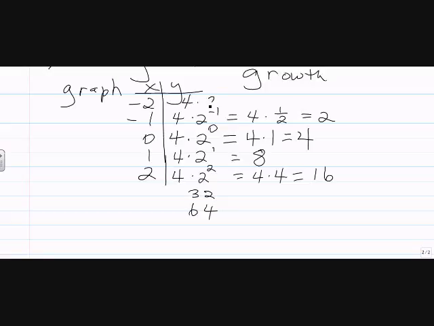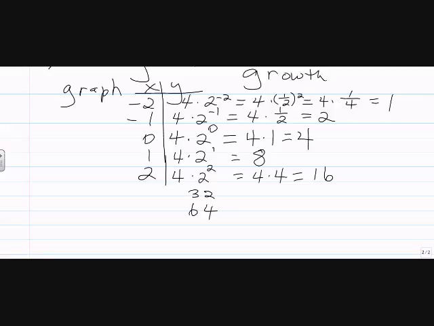This is 4 times 2 to the -2 power, which is 4 times the reciprocal of 2, 1/2, to the +2 power. 1/2 squared is 1 squared, 1, over 2 squared, 4. And what is 4 times a fourth? 1. If I put -3 on here, what would that one have been? 0.5, yeah. And the one after that? 0.25, and so on and so on.